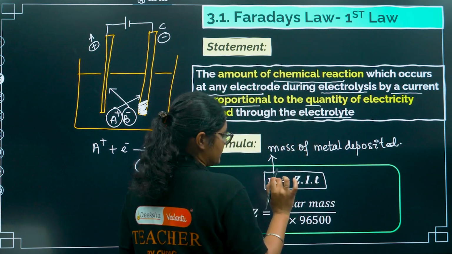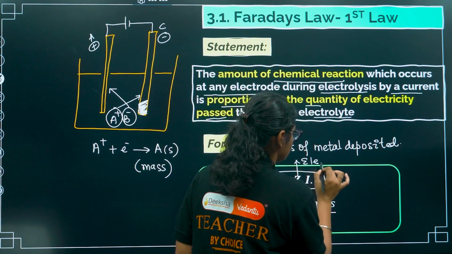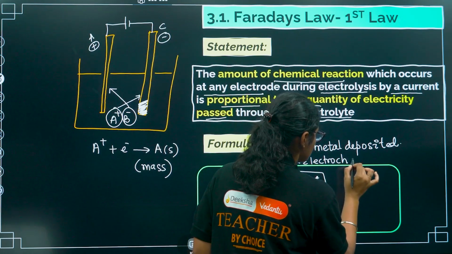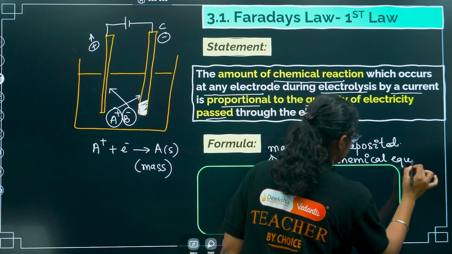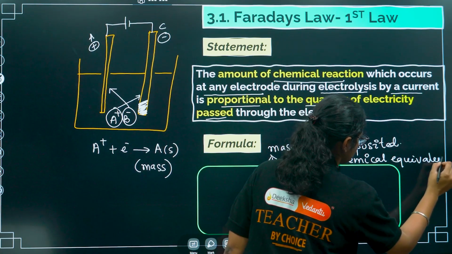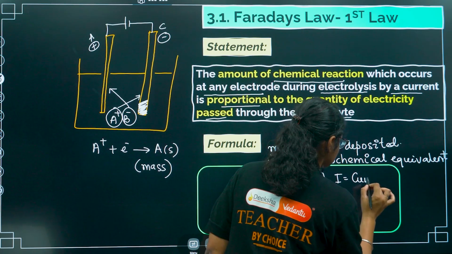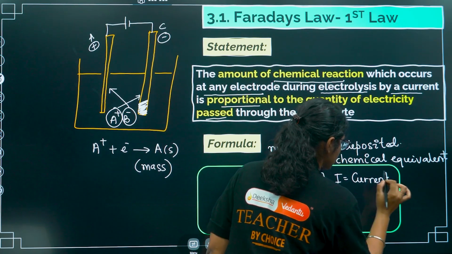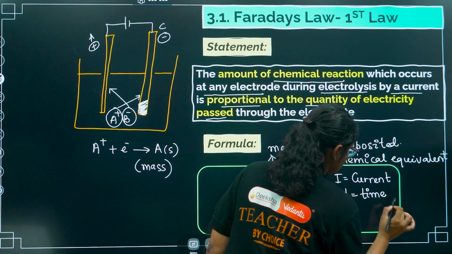Now Z, what is Z? Z is called the electrochemical equivalent. I is equal to current, and small t is equal to time.